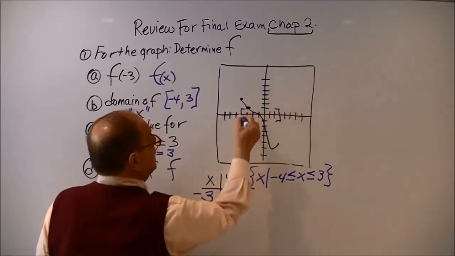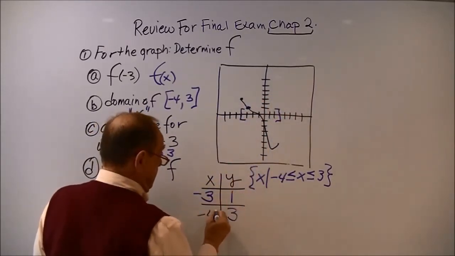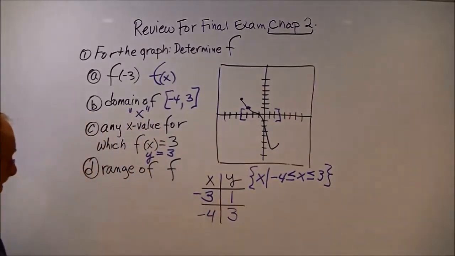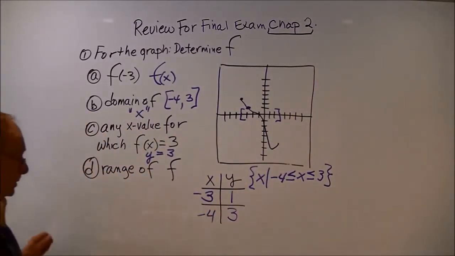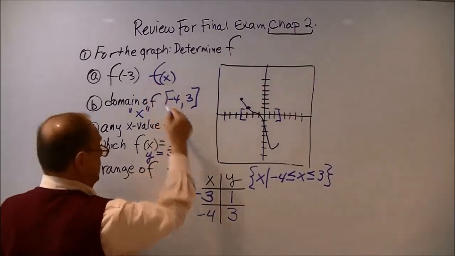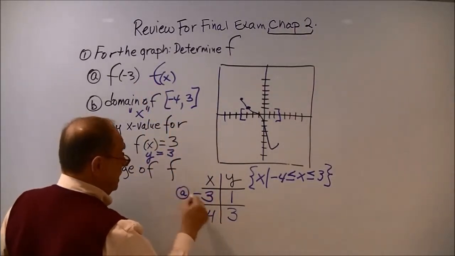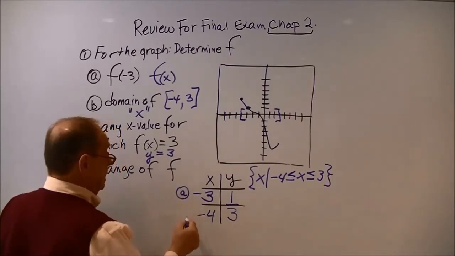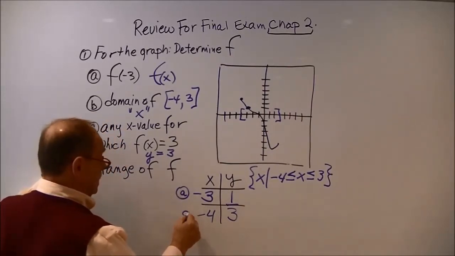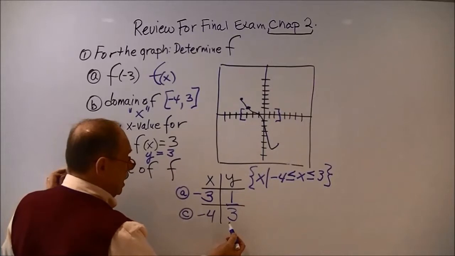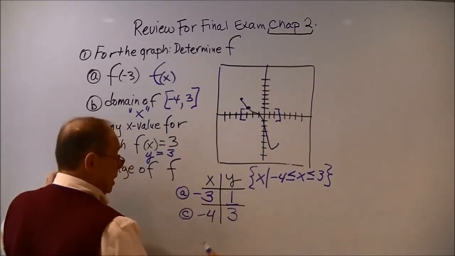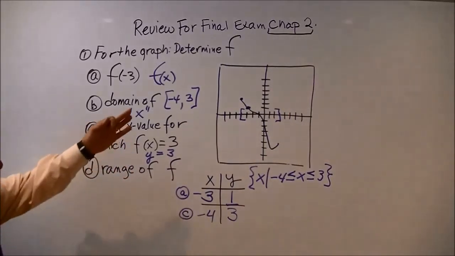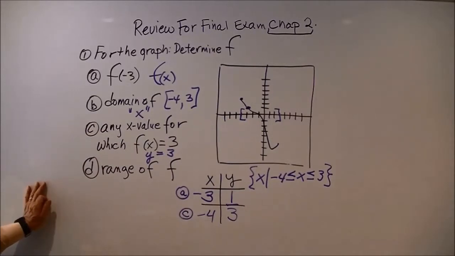And our x value right there is -4. So in the first case, up in A, they asked what was our y value. And then in C, they're asking for our x value. They give us the y, and we pick it out from the graph.